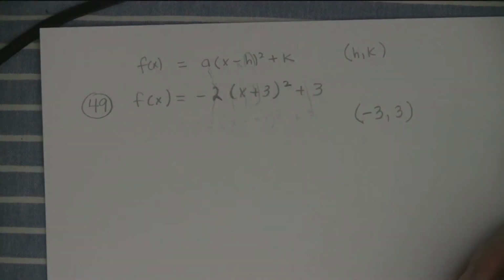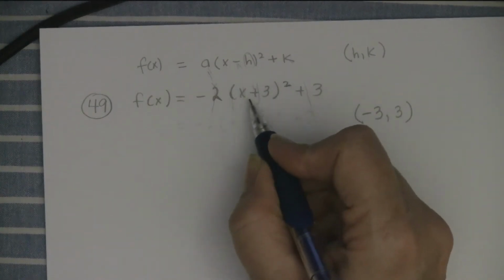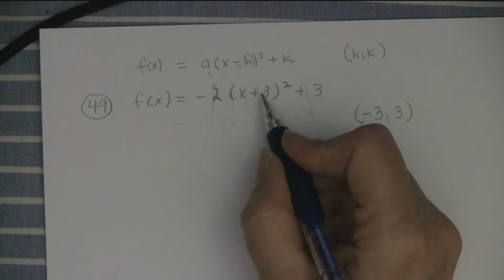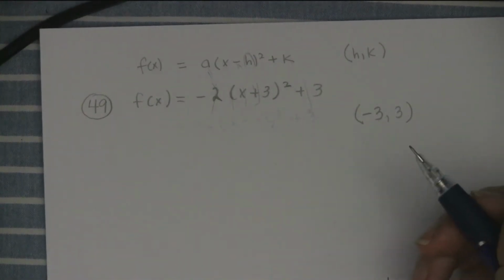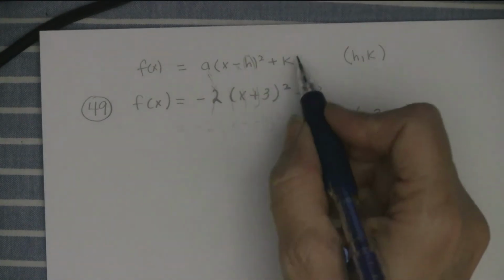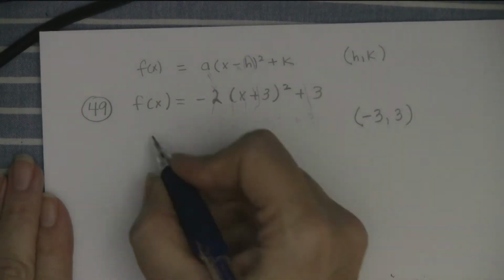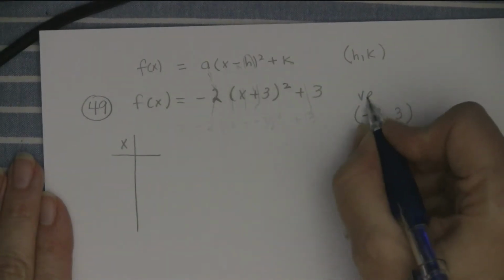And so that's my shortcut, to find it by what would make this base equal to 0. The base is x plus 3. That's if x was -3. So that's my shortcut for it. But you can certainly do the math with the thing there. Okay, so this here, this is my vertex.